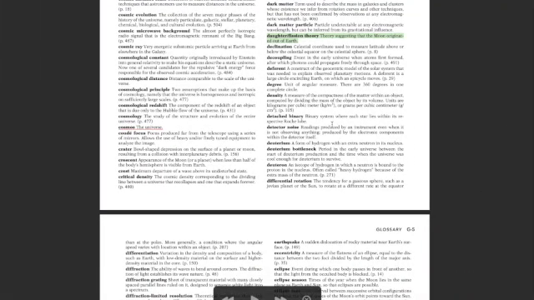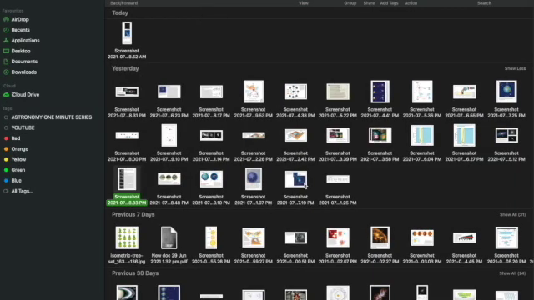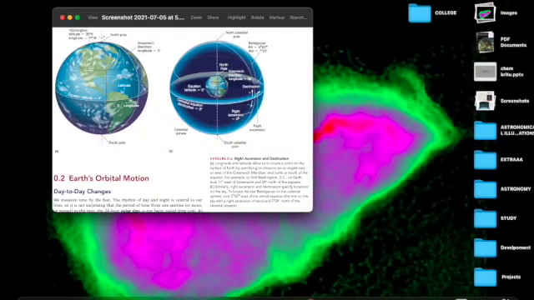So let's move to the second. Next is declination. Celestial coordinate used to measure latitude above or below the celestial equator on the celestial sphere. Okay, celestial sphere, we have discussed in detail in a previous video as well.